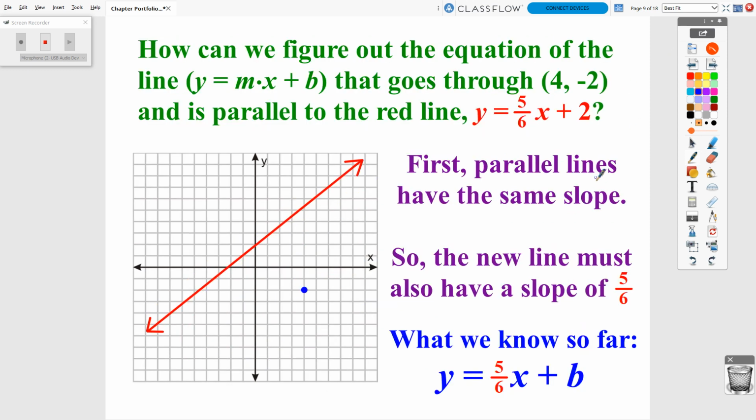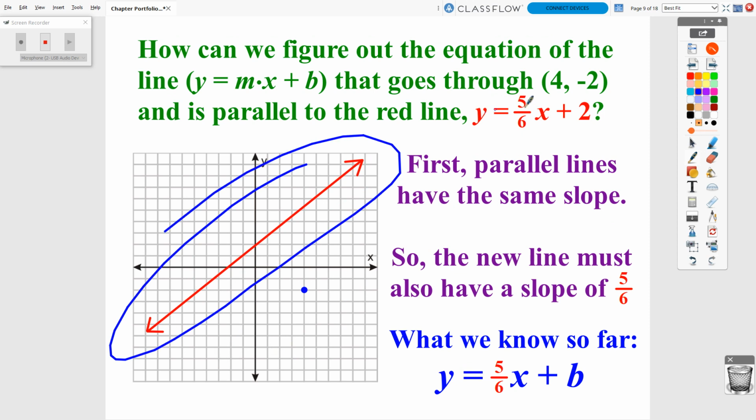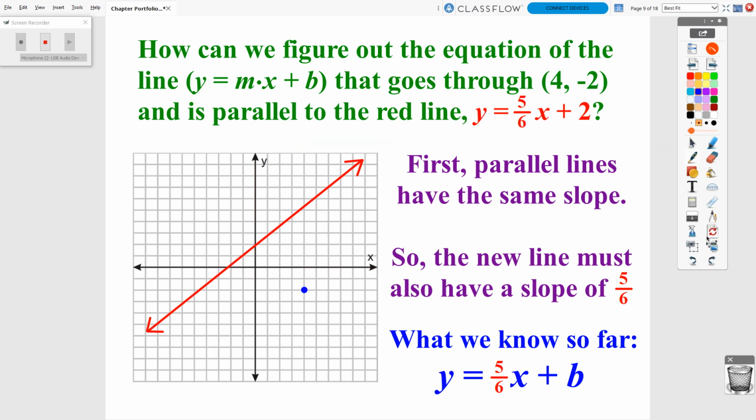So what would first be really helpful is if we knew what the equation of this first line was. So that's what I'm giving you right here. The equation of that line is y equals 5/6 x, or 5/6 times x if you need to see the multiplication in there, plus 2. And so again, let me kind of break down what that means again. So first the slope, it's rising and running, 5 rising, 6 running.